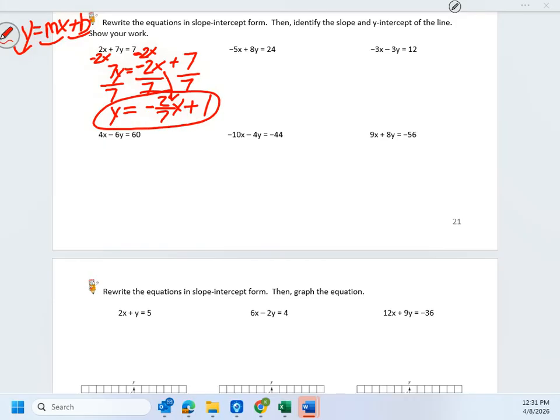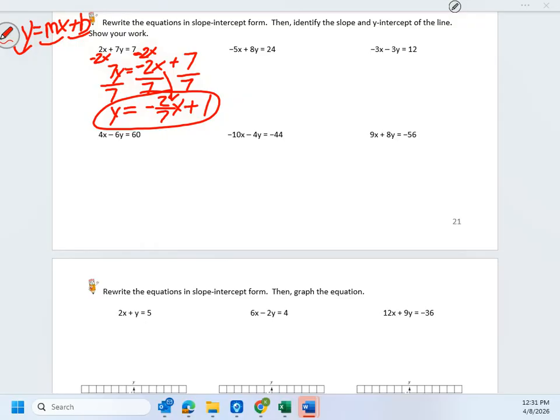All right, who wants to try the next one? Clara? You subtract negative 5 from negative 5. So if I subtract with the negative, what's the opposite of negative?